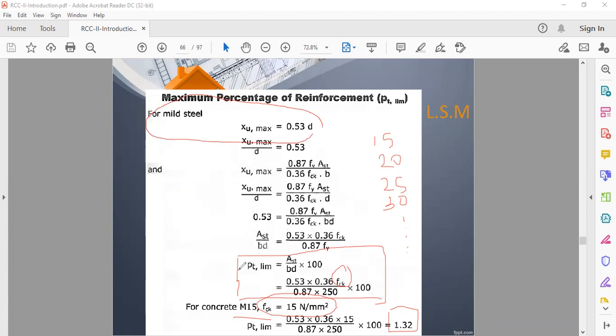So if you want to calculate this percentage of steel, this depends upon which grade of concrete as well as which grade of steel you are going to use, because Xu max is there. Based on this Xu max, your grade of steel will also change.